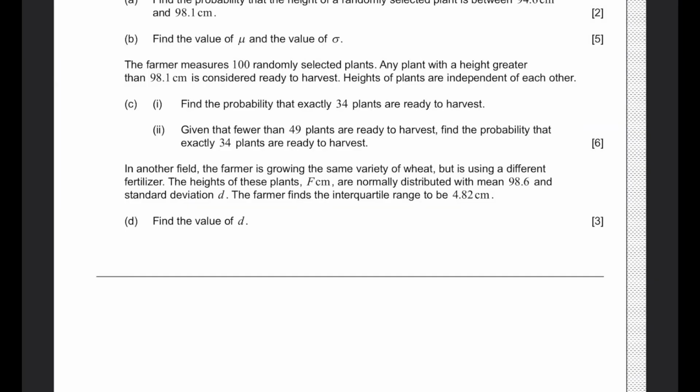Then let's try question number C. We have extra information here. The farmer measures 100 randomly selected plants. Any plant with a height greater than 98.1 centimeters is considered ready to be harvested, and the heights of the plants are independent of each other. So question C has two sub-questions, and these are actually binomial distribution questions.